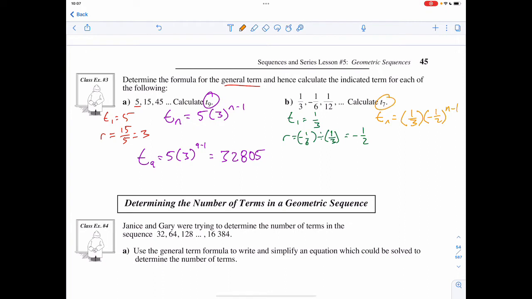If it wants us to calculate the seventh term in this sequence, then term 7 is going to equal 1/3 times negative 1/2 to the power of 7 minus 1, or to the power of 6, which is going to give me 1 over 192.